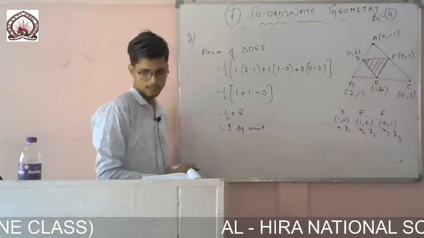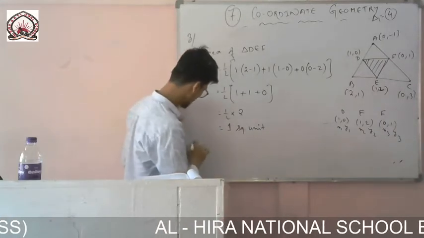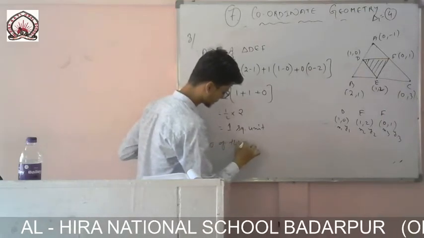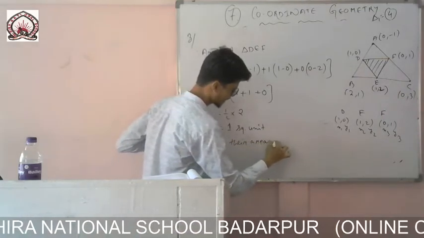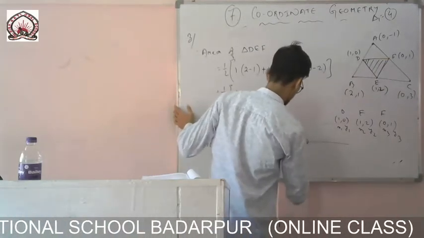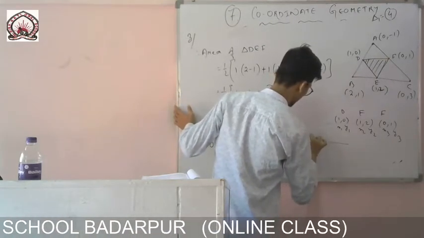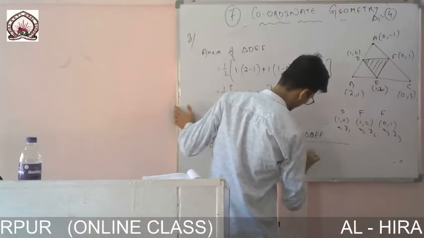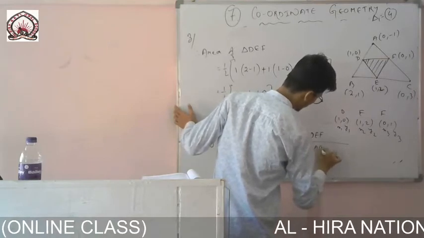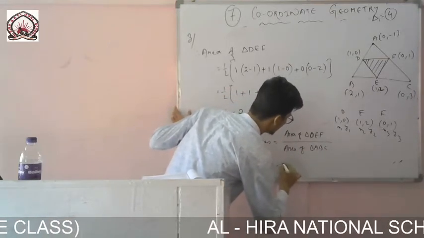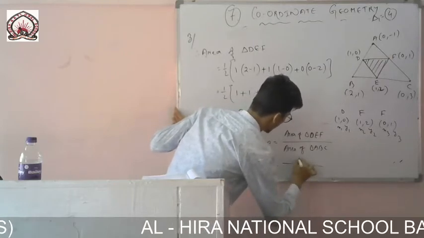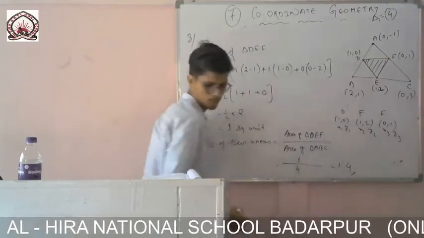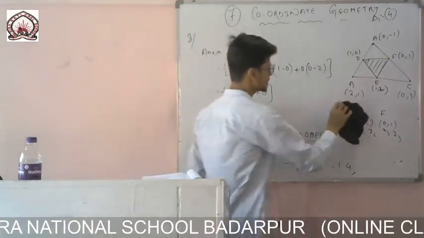Okay, so you write like this, therefore ratio of their areas will be equals to area of triangle DEF by area of triangle ABC. So DEF, its area is 1 and for ABC it is 4, that means 1 is to 4. Very easy thing.